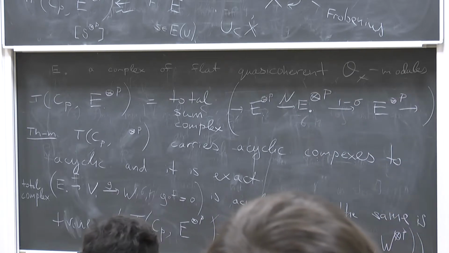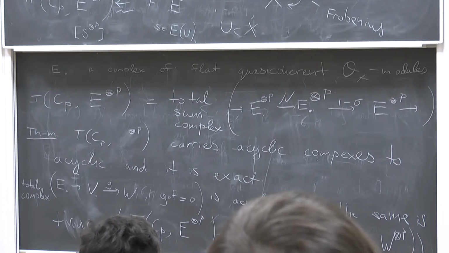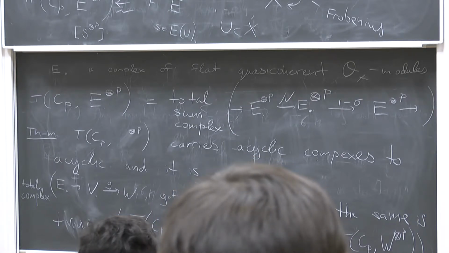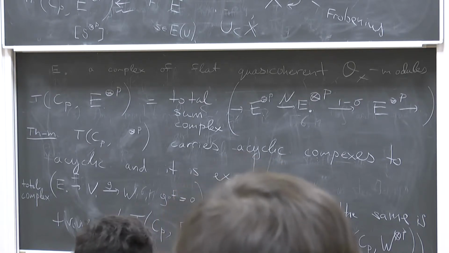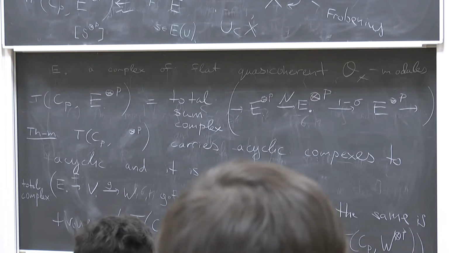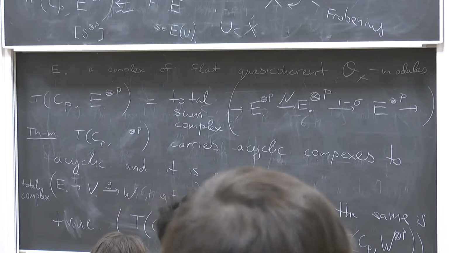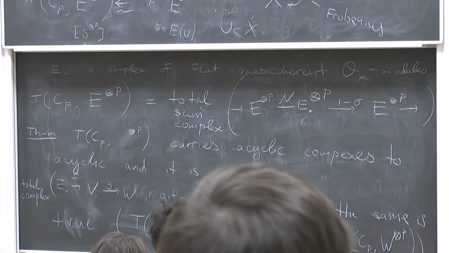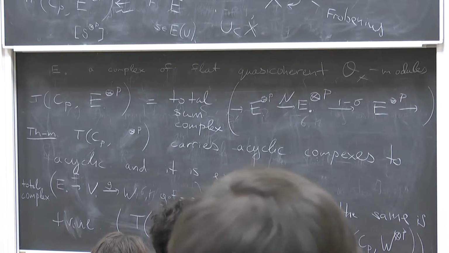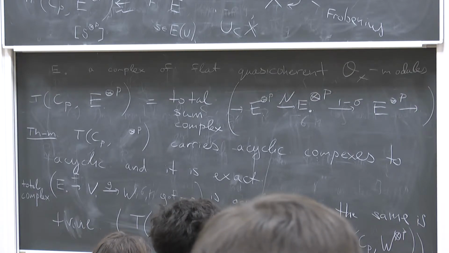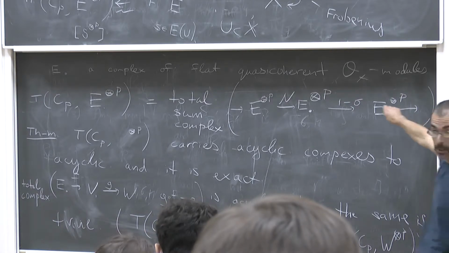So in particular, the canonical map from the Tate construction of E1 direct sum E2 is an isomorphism. What about infinite direct sums? It's also true for infinite direct sums. The way I define this functor, it commutes with all sums, right?